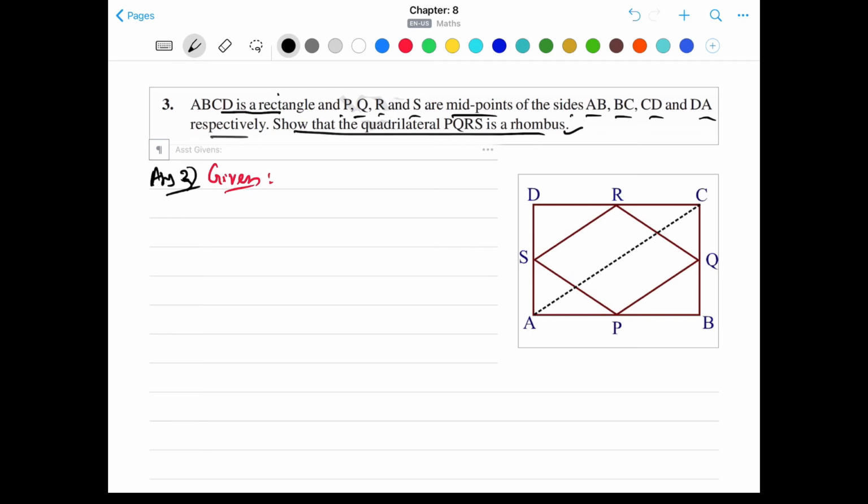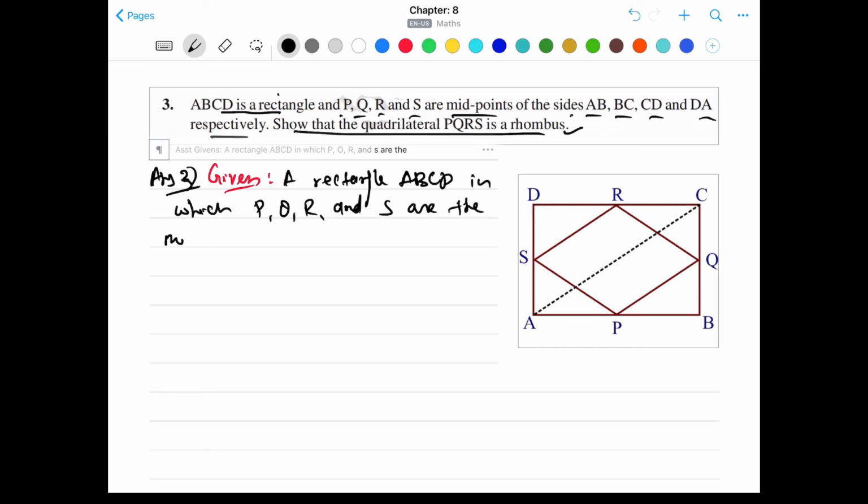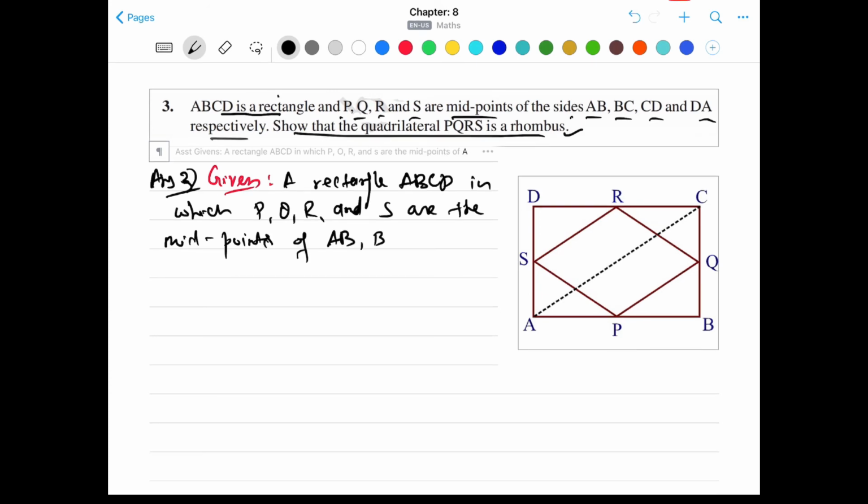Given here is a rectangle ABCD in which P, Q, R and S are the midpoints of sides AB, BC, CD and DA respectively.